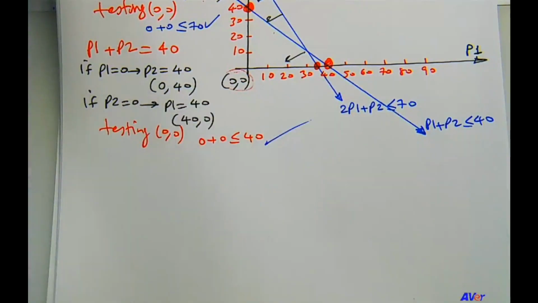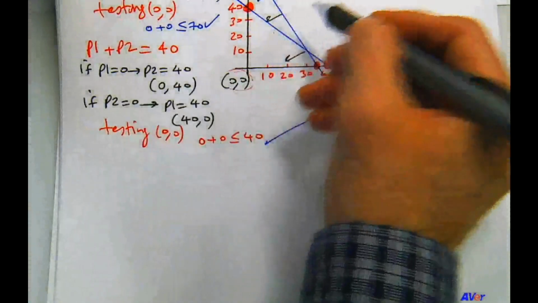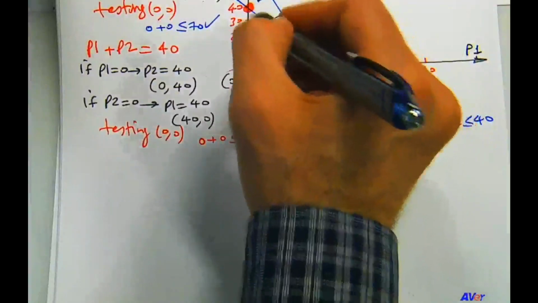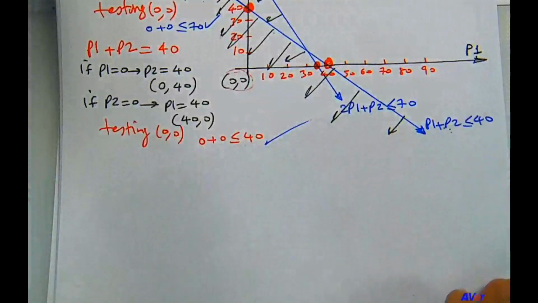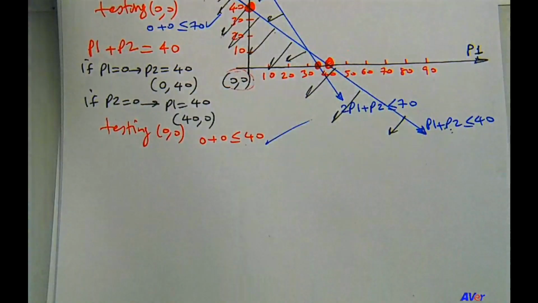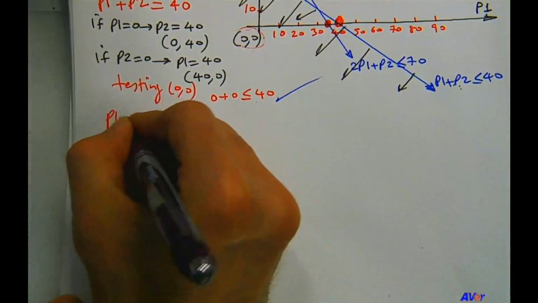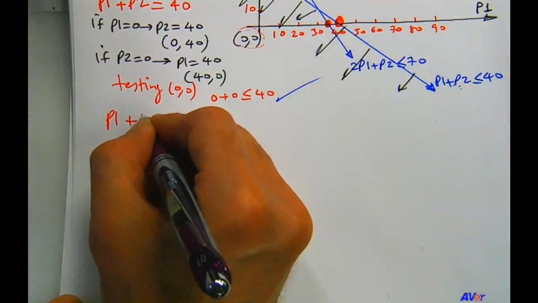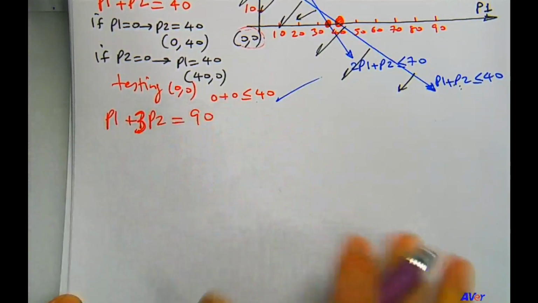So the same side as the test point is the solution of that inequality. Okay, we have one more inequality to plot, and that is P1 plus 3P2 equals 90.